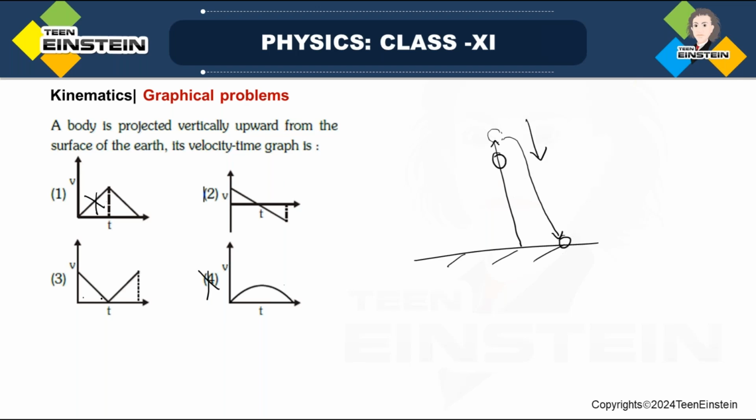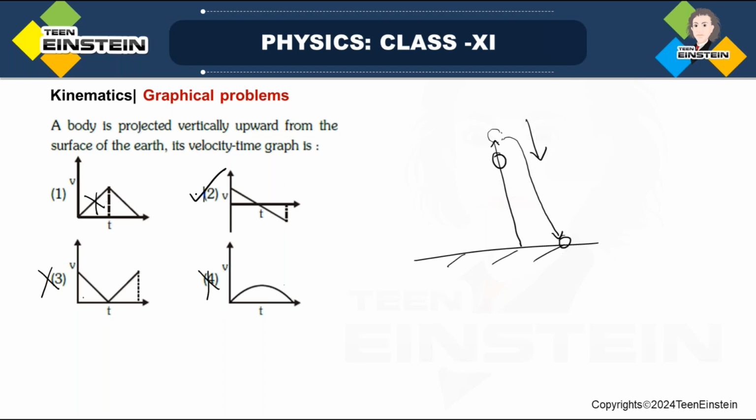Velocity will be in the other direction, the negative direction in that case. But this one is always showing you the positive direction. So option 2 will be the correct answer for this question.